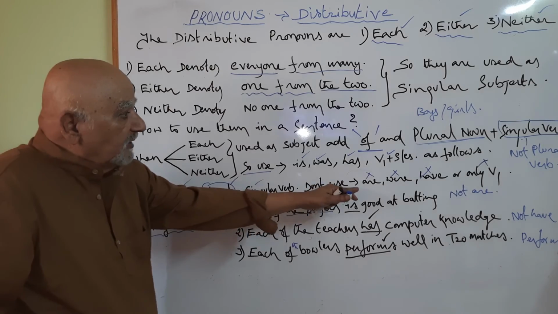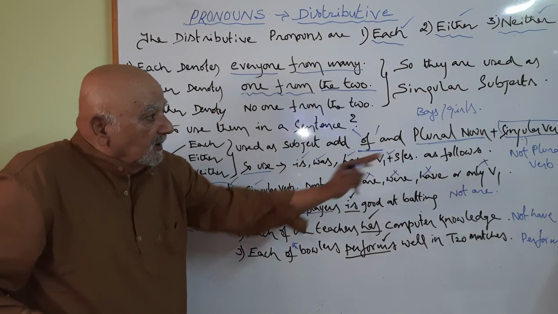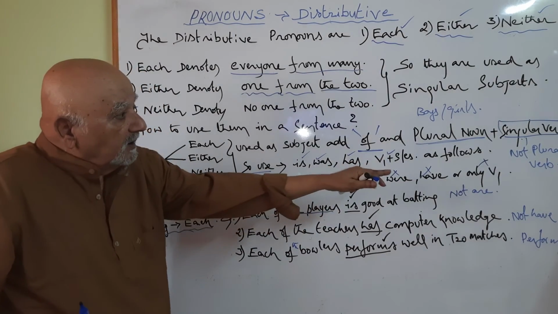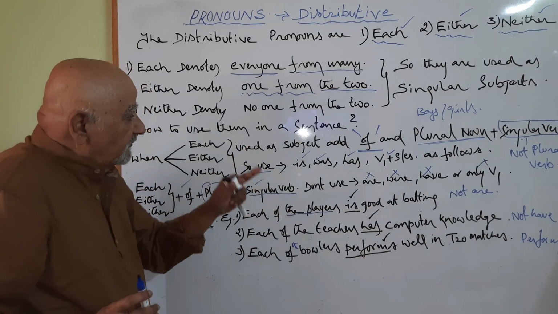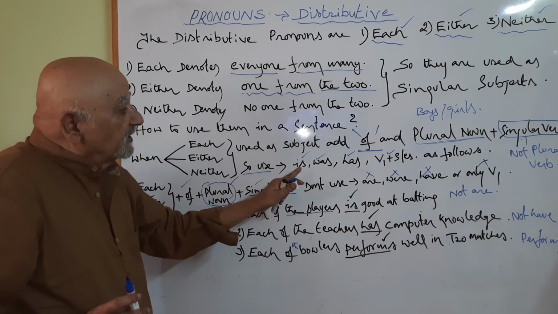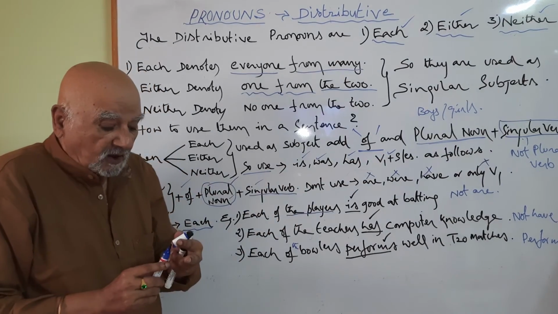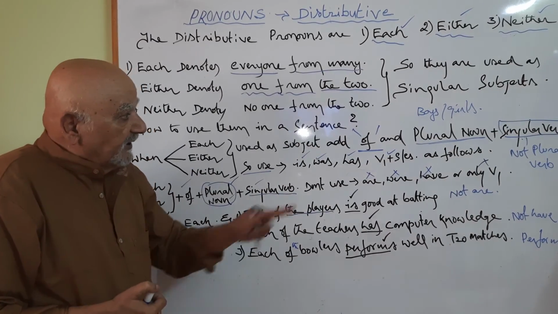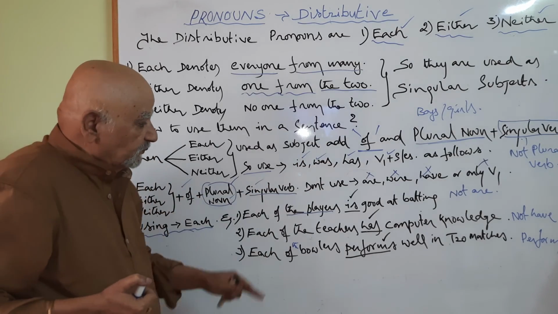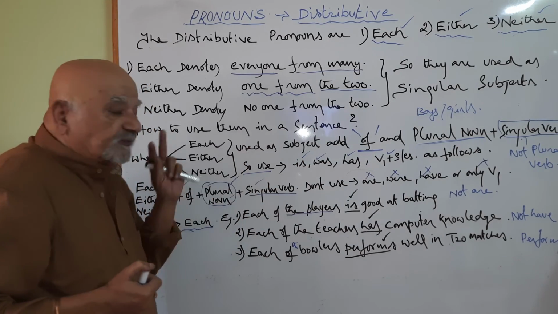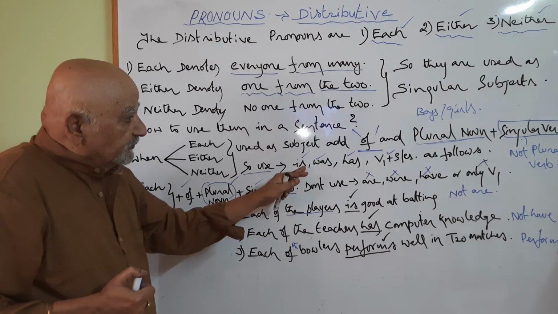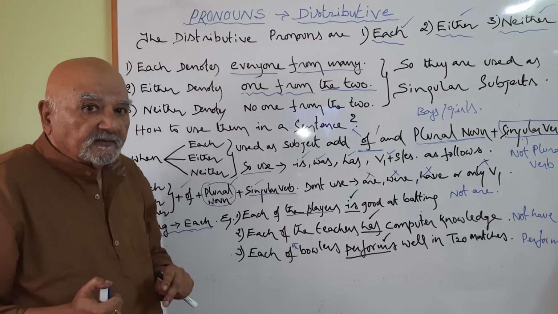Don't use plural verbs, are, have and only V1. Use what verbs? Is, was, has, V1 plus S or ES. Otherwise errors will be given. So plural nouns must be there, singular verbs must be there.